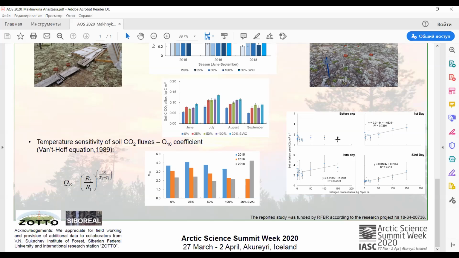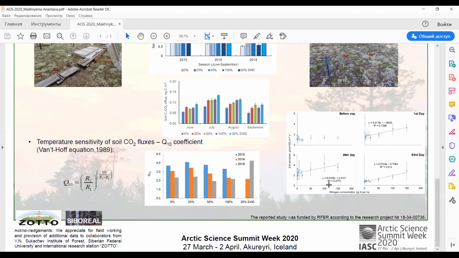But in the middle of the season, in this graph here, we found that the soil CO2 emission grows up to a concentration of 100 kilograms of nitrogen per hectare. And that was interesting, and from our point of view, it's related to some kind of limitation from the natural climatic conditions, like water, first of all.